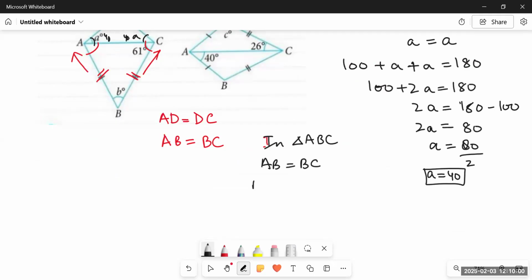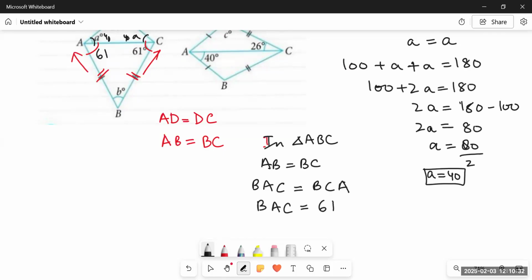Hence, angle BAC is equal to angle BCA. Right? BCA is already given. So we can say that angle BAC is equal to 61 degrees. You see, if one of the angles is given which is equal to another angle, we can say that the other angle would also be 61.